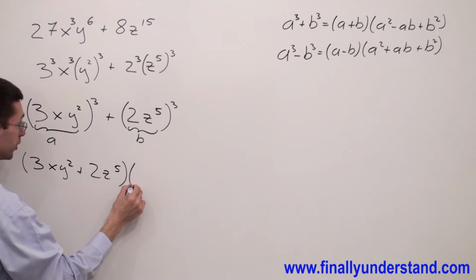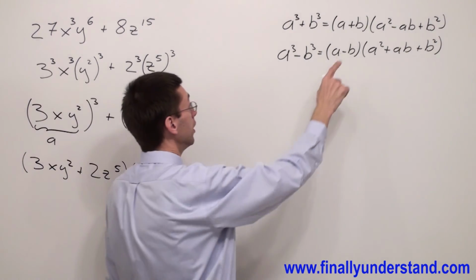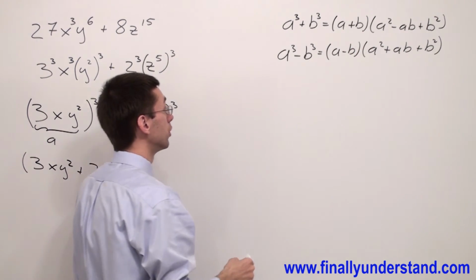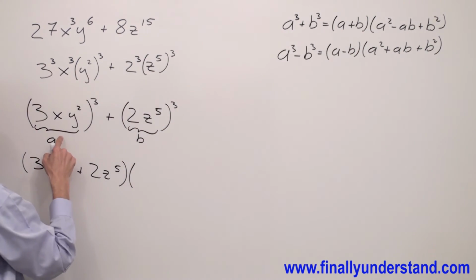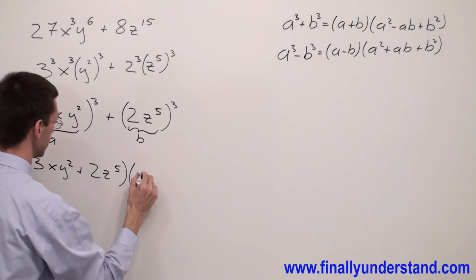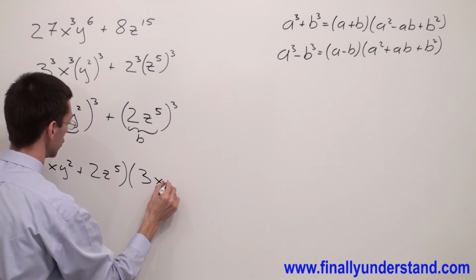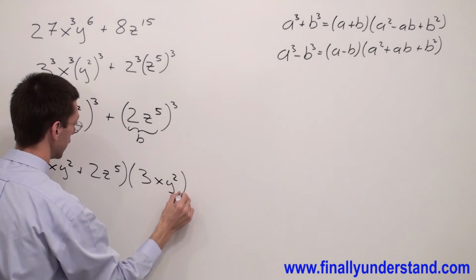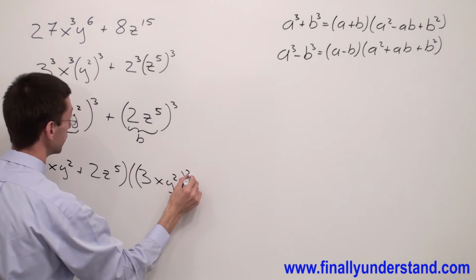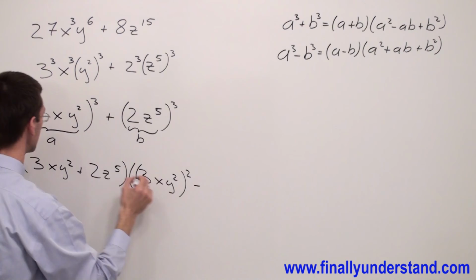Close parenthesis, open parenthesis, a squared minus ab. So this is my a, it has to be squared. So I have 3xy squared to the second power minus ab.